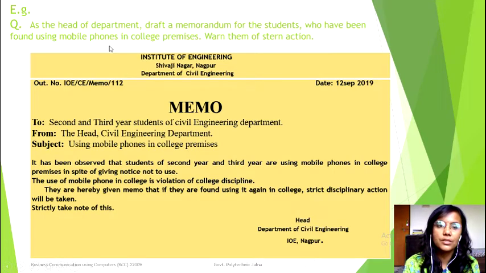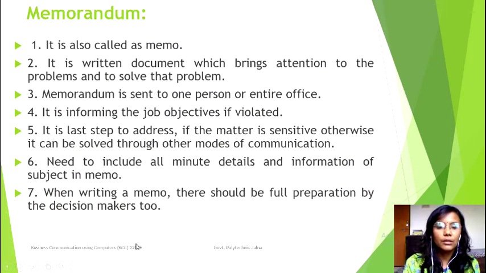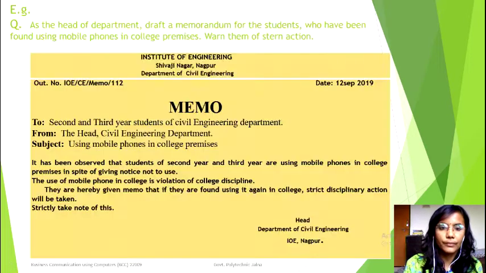This information is also there in your question only. Then the subject is what? Using mobile phones in college premises. Now see the content of the memo, which you have to write in detail with minute details and information of the subject, as we have discussed. So this is the details of the information.